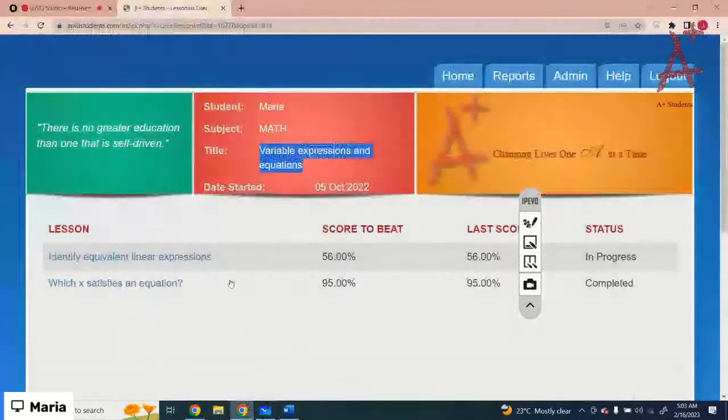So here I am on grade 9 maths. The chapter name is variable expressions and equations. And we're going to start with the first lesson, that is identify equivalent linear expressions. So let's just start with the lesson.